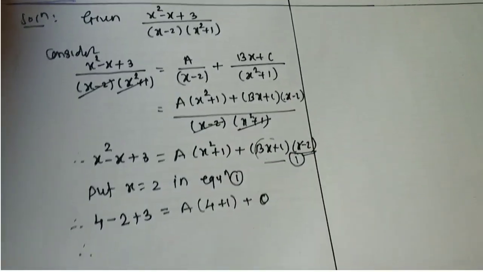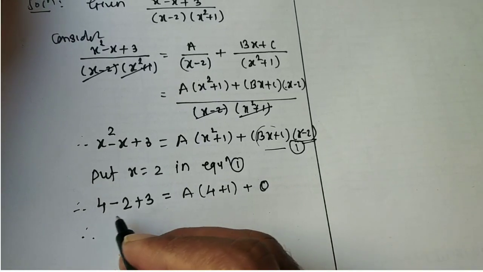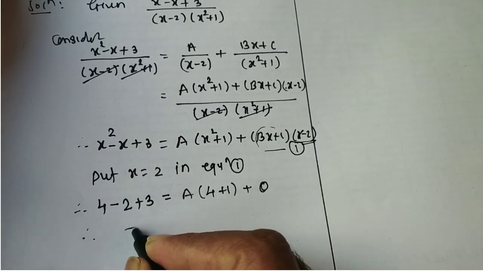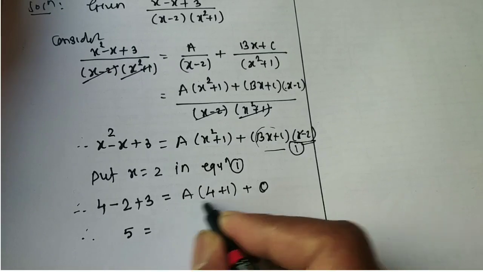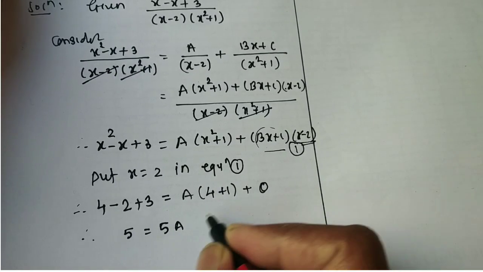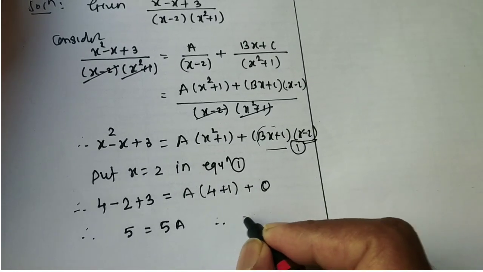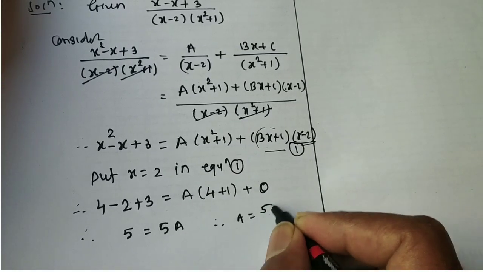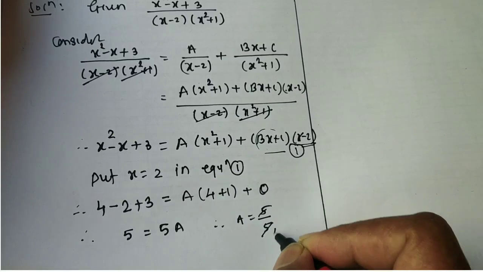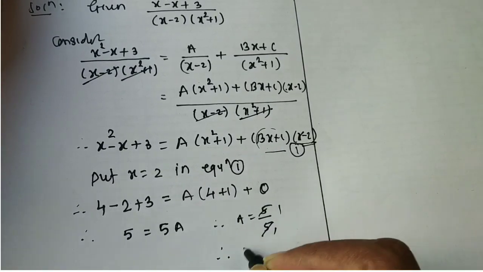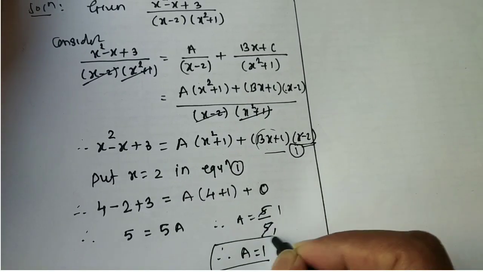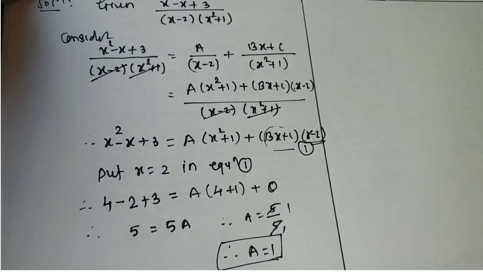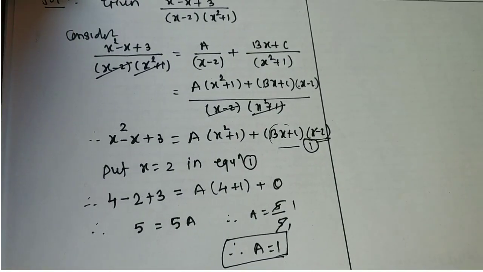This gives 4 minus 2, which is 2, plus 3, which is 5, and the right side is 4 plus 1, which is 5. Therefore 5 equals 5A, that means A equals 5 divided by 5. Therefore A is 1.